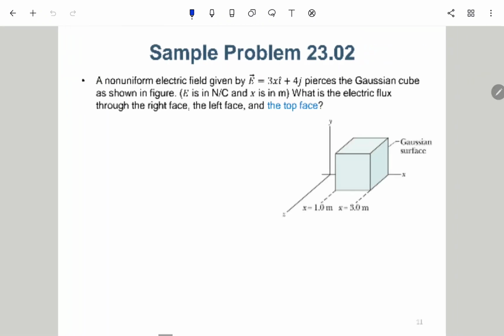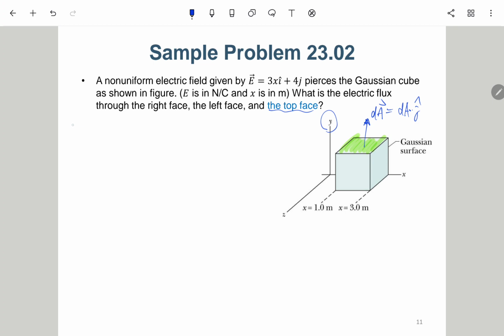And then for the final one, the top face is this one. For the top face, dA is pointing upward. So we can write it as dA times j hat, since this is the y-axis.